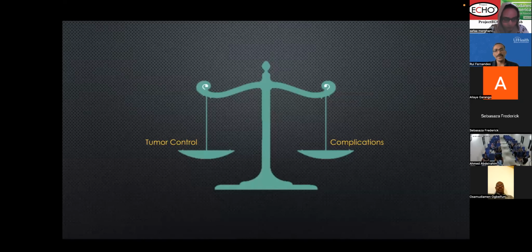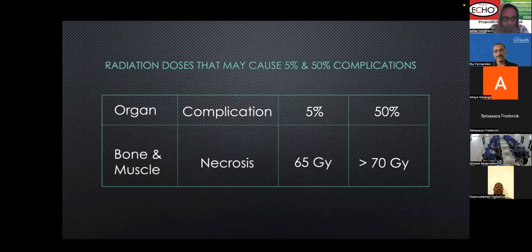So with complications, you can see around 5% if you go to 65 gray, but the minute you go above 70 gray, at least half of those patients will have some complication. And typically the ones that we worry about are osteoradionecrosis, skin necrosis, and so on.